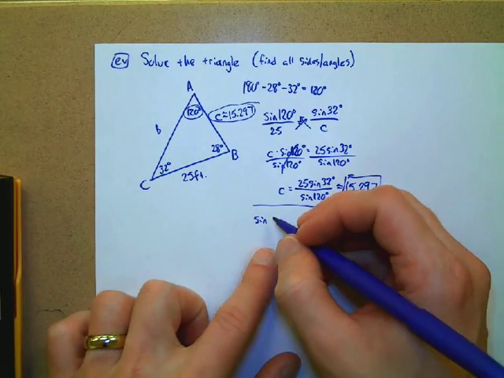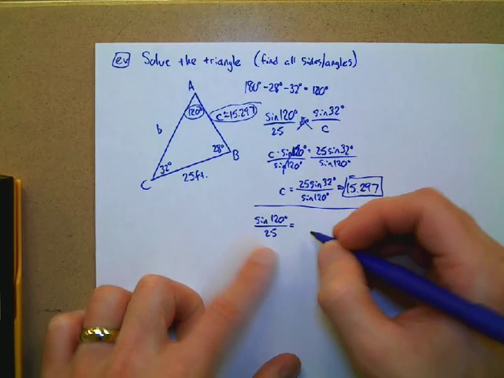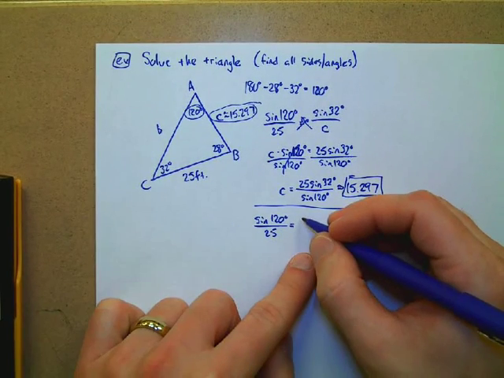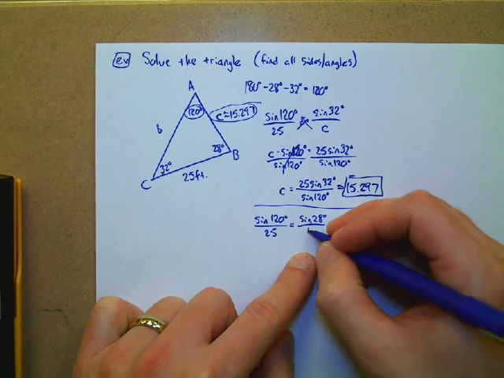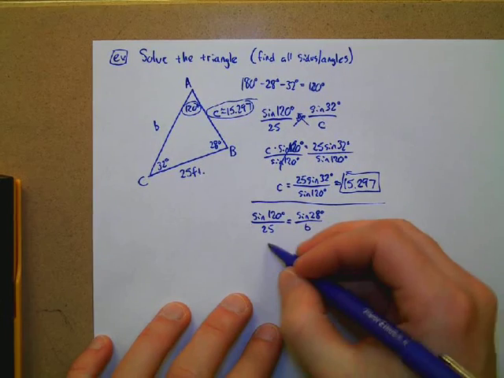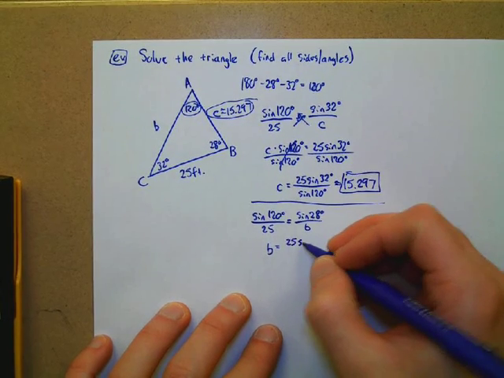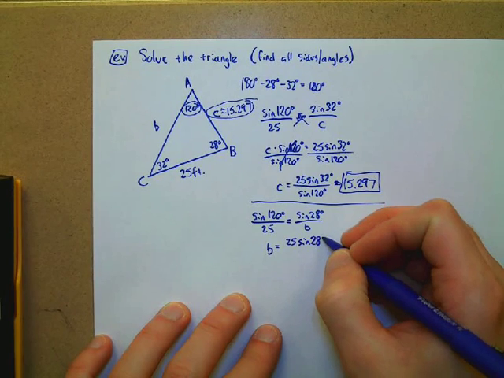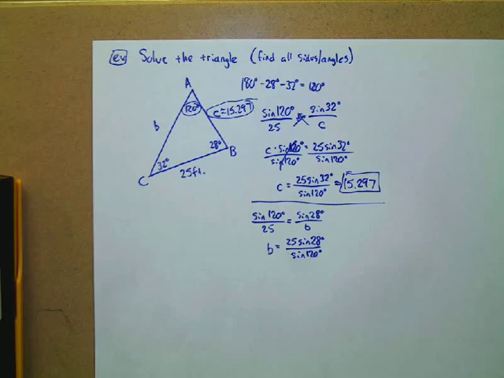I'll just jump the steps. And so we'll type that into our calculators: 25 sine 28 divided by sine of 120. And that's approximately 13.552.